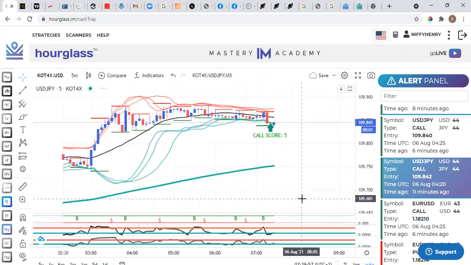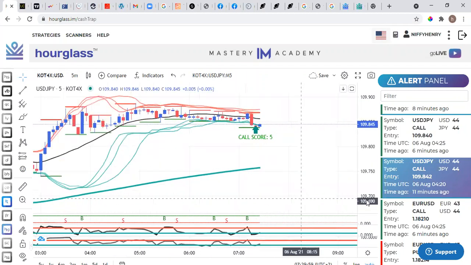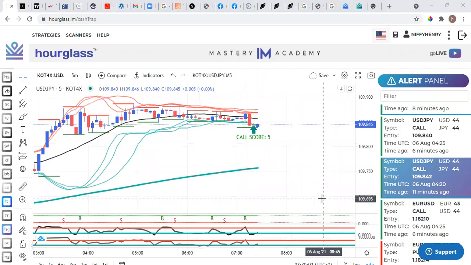As you can see, I don't like this layout. I don't know why it's not allowing me to use my own layout.